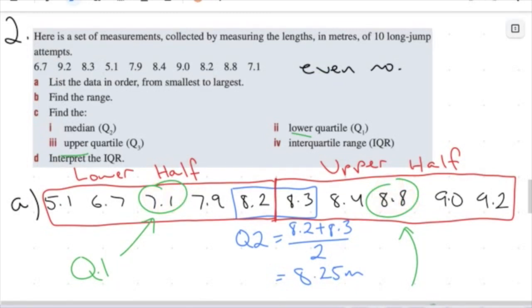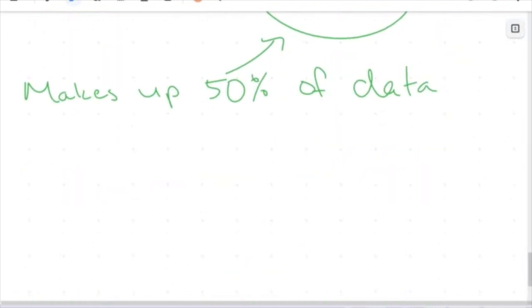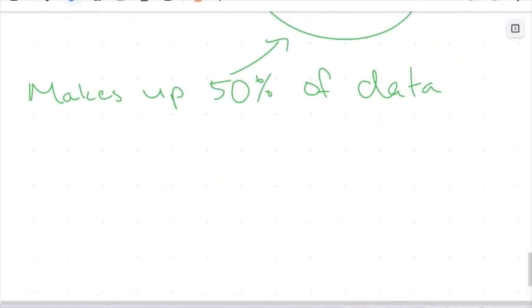So all these values in the middle differ by less than 1.7 meters. This makes up 50% of the data.